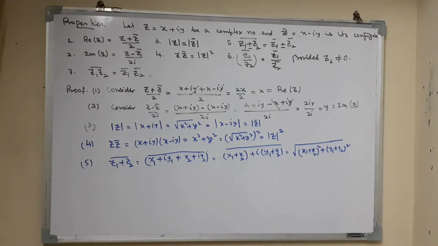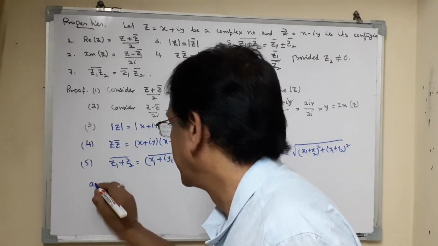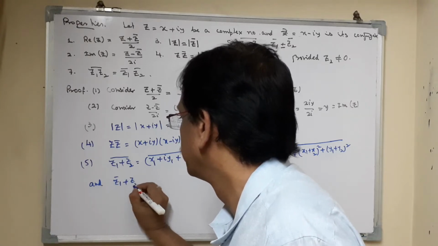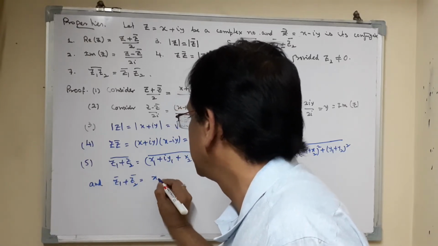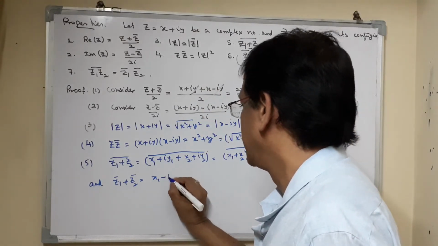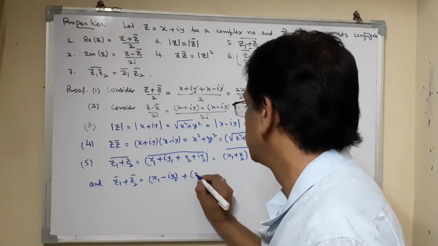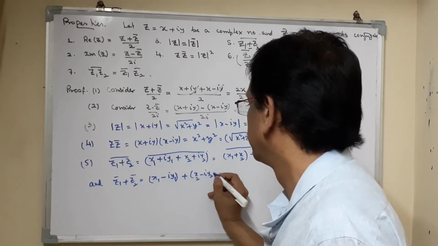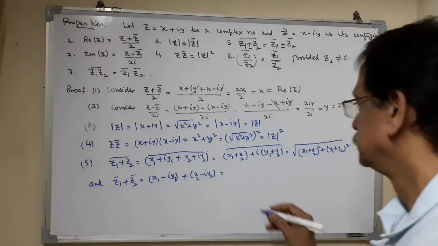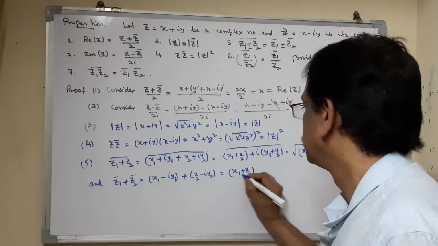Let us see z1 bar plus z2 bar. And what is z1 bar plus z2 bar? z1 bar is x1 minus iy1, z2 bar is x2 minus iy2, which is equal to x1 plus x2.